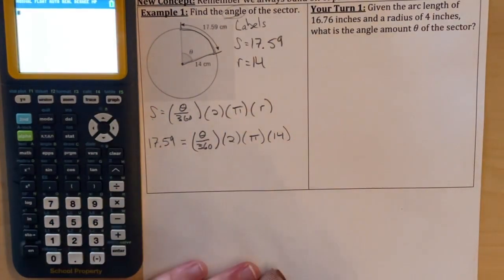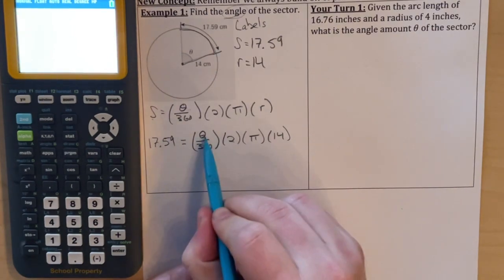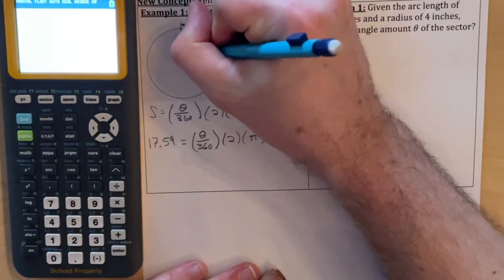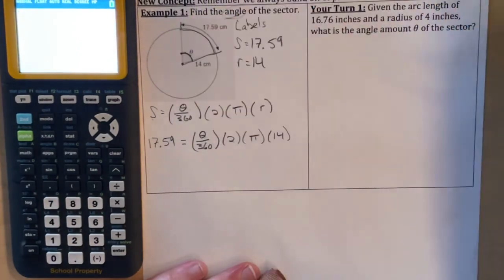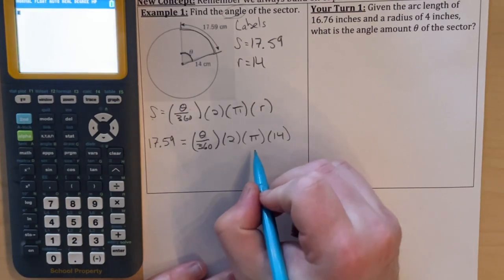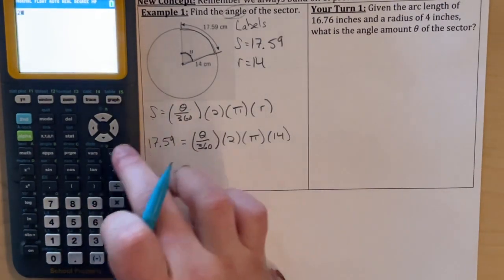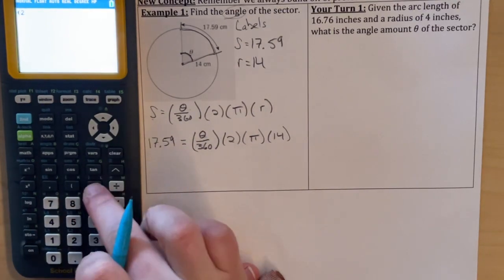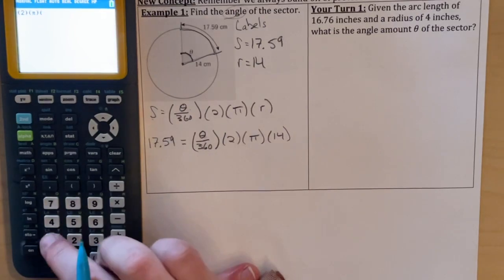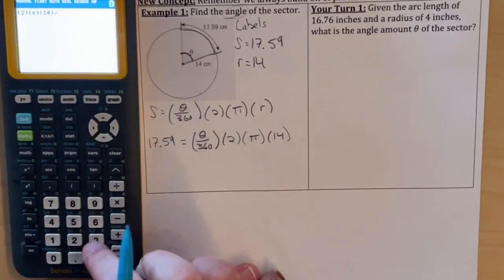And so what I can do is set up a multi-step equation where our variable is going to be theta. That's what we're solving for, that angle amount of theta. So how far did that sector turn? Now I can multiply some terms together. Let's do, in parentheses, 2 times pi, times 14, and then all of that divided by 360.